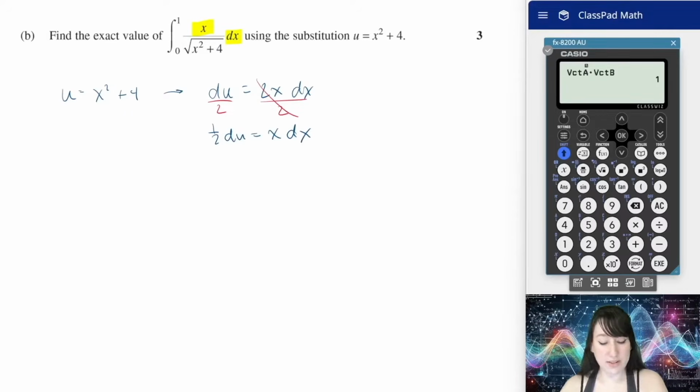Since it's a definite integral, let's also redefine the limits of integration in terms of u. When x is 1, we put that into the definition of u, as in x squared plus 4, to get 5. And when x is 0, we get 4. We're ready to rewrite this integral.